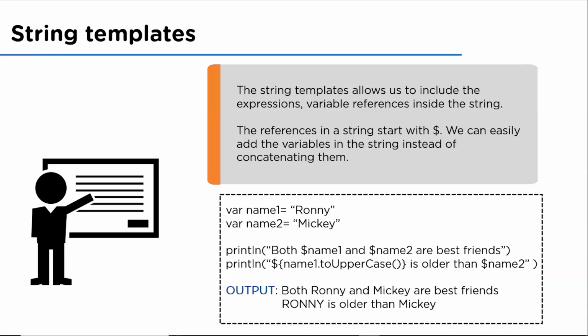We can also print the expression like we did while printing the second sentence, dot toUpperCase. Dot toUpperCase is an expression, and in Kotlin expressions start with a dollar sign and are enclosed in the curly brackets, as we can see. So as we have understood about the string templates, let's move on to if, else and when statements.